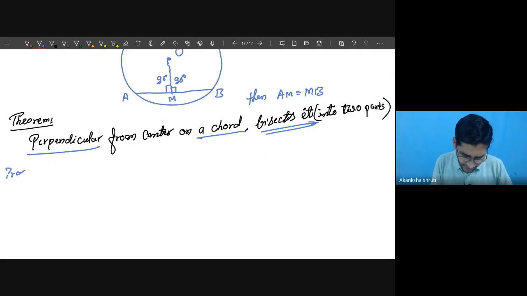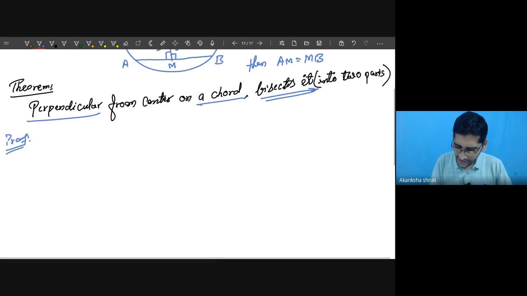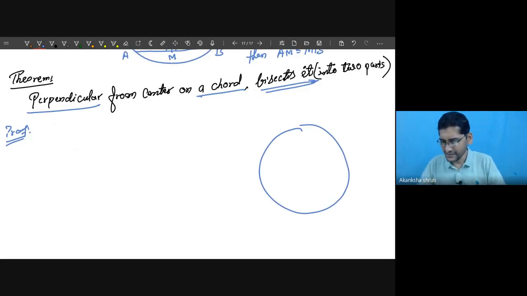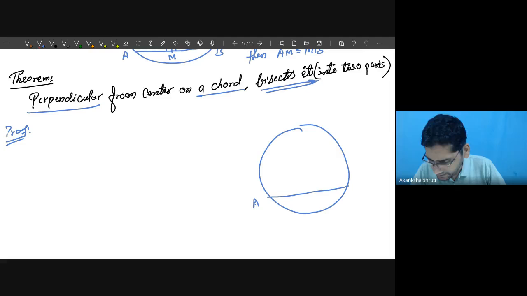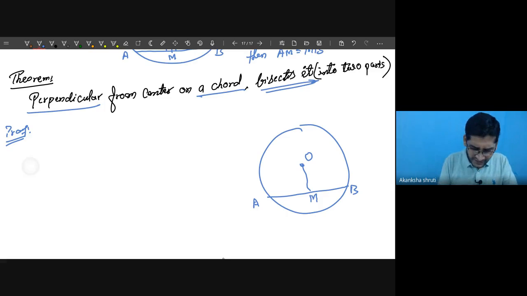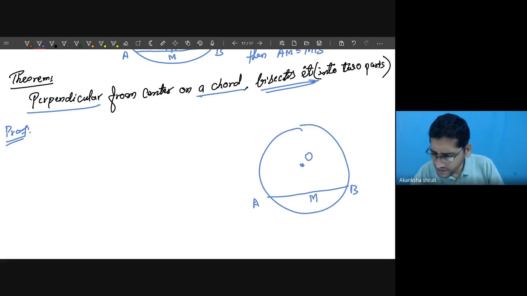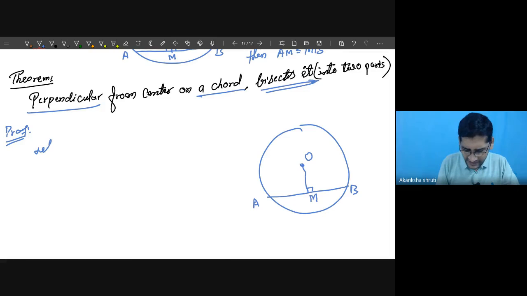So how is the proof? This is also important to understand why this is bisecting. Let us consider a chord AB and the center O. From O, the perpendicular is drawn on AB. Let OM be perpendicular on AB.